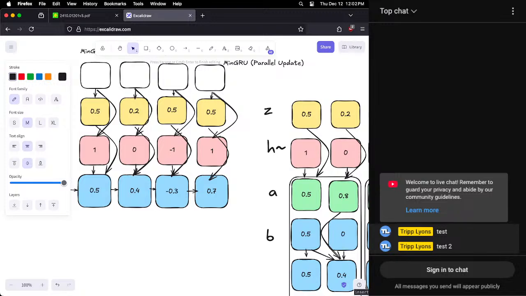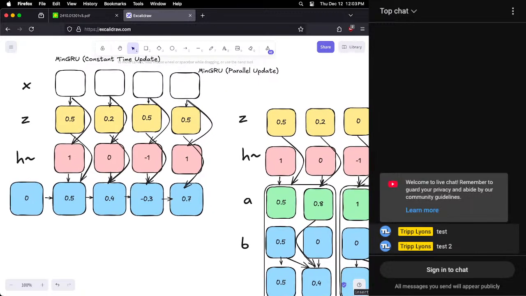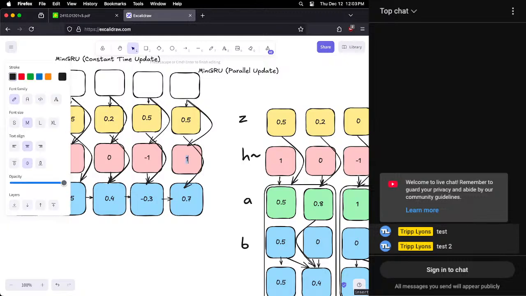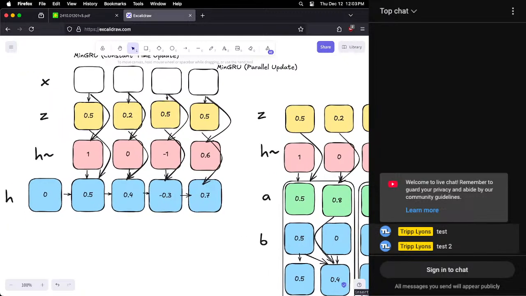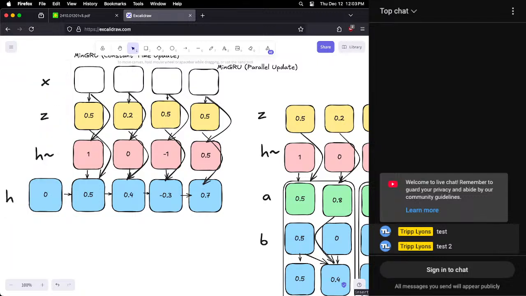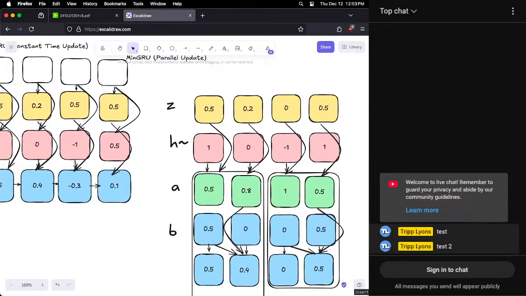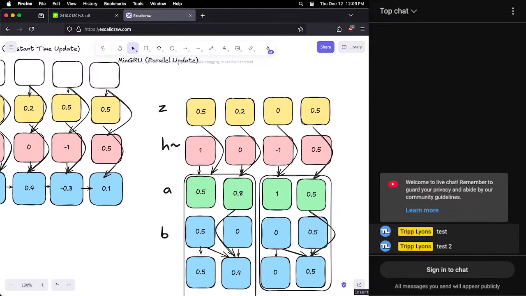Negative 0.3. Yeah, should be right. And then if we get half of negative 0.3, let's change this to like 0.6 or something, make this math easy. Or no, wait, 0.5 or something. This gives us 0.1 here. Okay. Sorry for all these bad examples. I was trying to simplify the math, but it just didn't illustrate the right point.